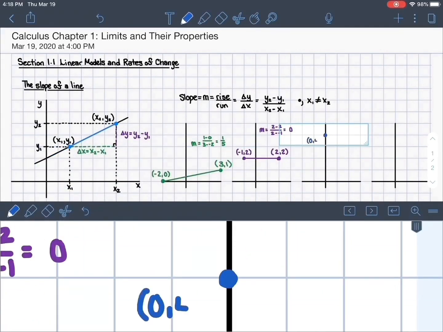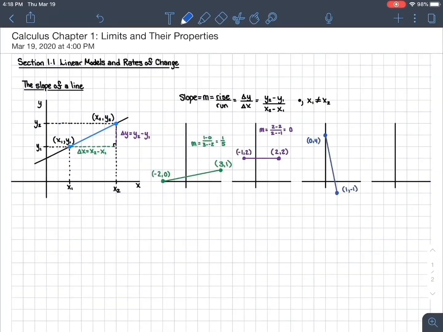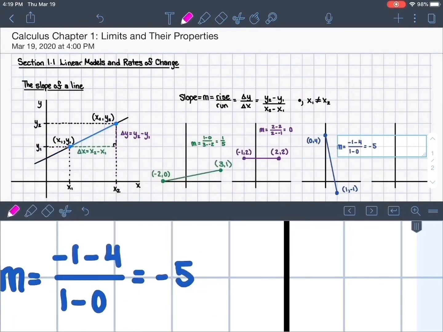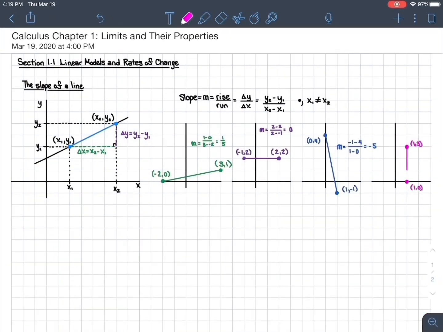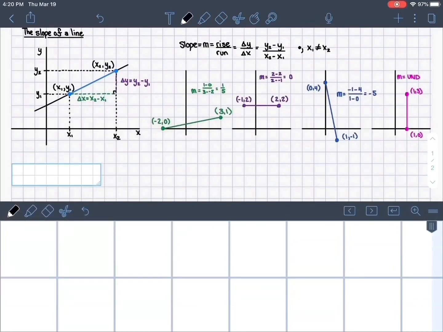In this example, the second location of y is going to be lower than the first, and so our slope is going to be -5, a negative slope. In the final example, we have the same input location, so the change in x is going to be 0, and since you can't divide by 0, that'll make this undefined.